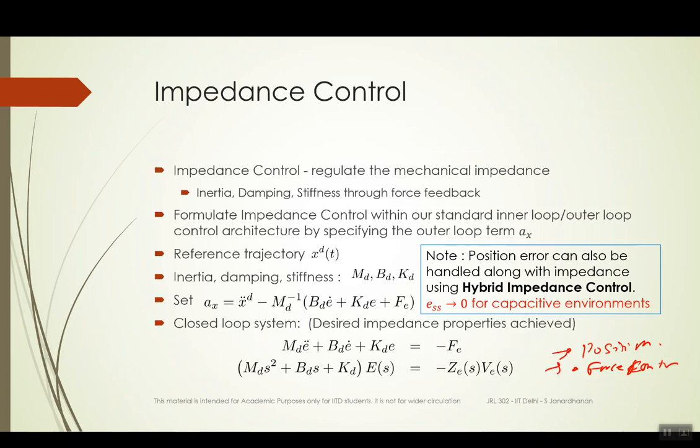When you use the pure impedance control, only the force control may be achieved. The position control may not be, there may be position errors also. So you can use a more involved concept of hybrid impedance control, where both the position error can be made to 0 and the force can also be applied.